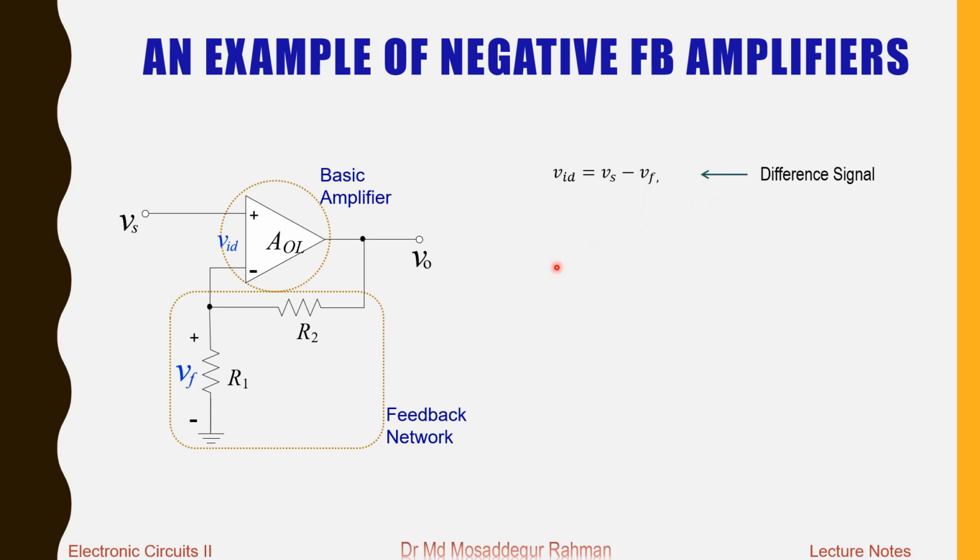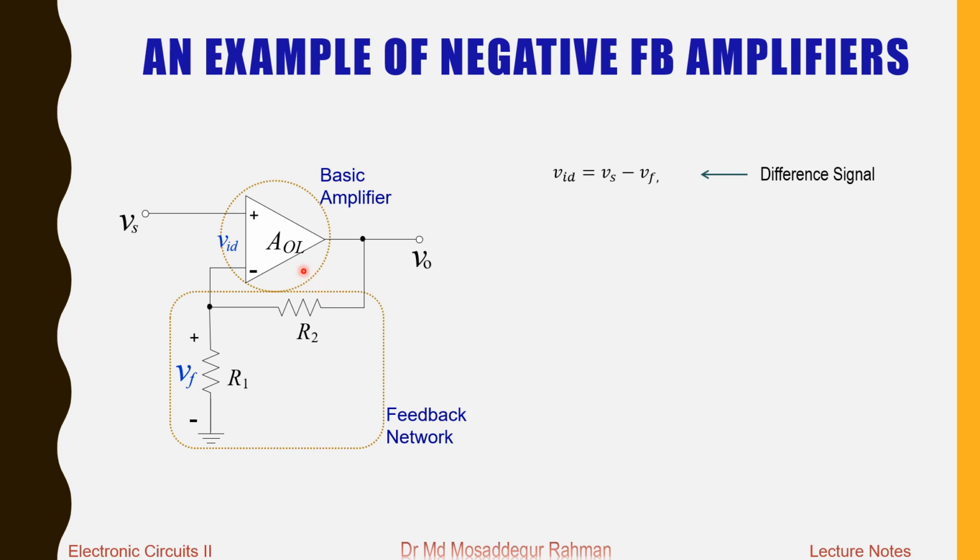Basically, op-amps are fabricated in a way that they can work as a negative feedback amplifier. Any amplifier constructed with an op-amp has the feedback built in, and they are negative feedback amplifiers.